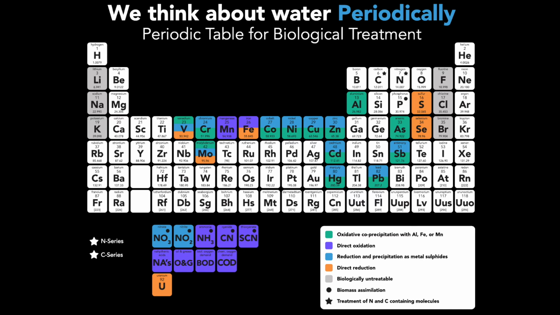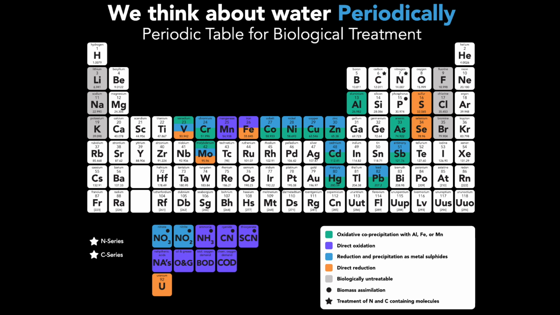What we've done is color-coded based on the most commonly seen treatment mechanisms in biological treatment. By treatment mechanisms, we'll also put a link below for a post we have about transfers and transformations, which explains these actual treatment mechanisms a little bit better. But here you can see, out of the whole periodic table, a lot of these things you just don't see in mining or oil and gas impacted waters needing treatment, like some of the noble gases, for example.